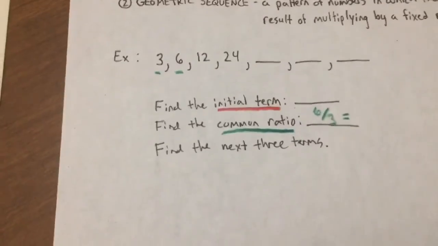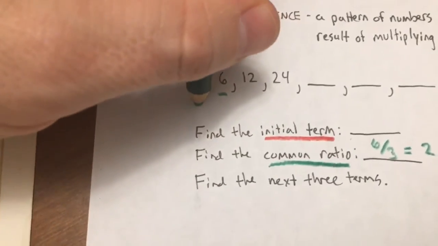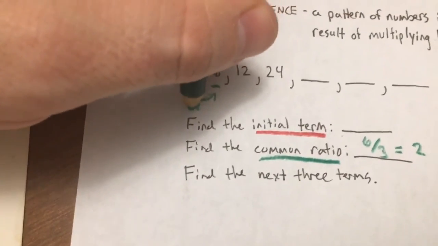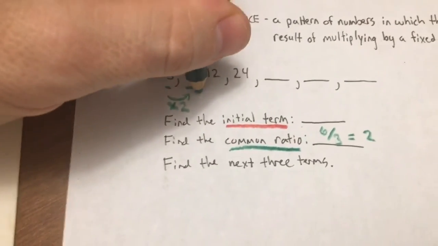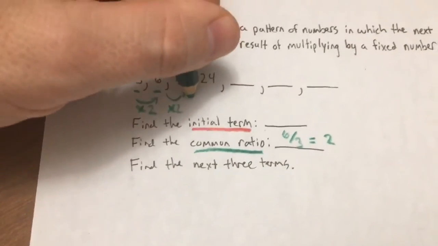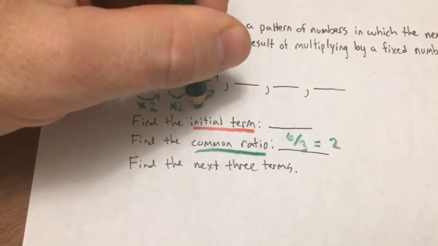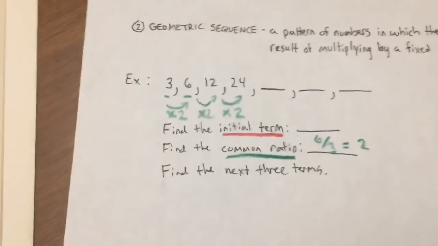Now if I do that, 6 divided by 3, guess what? That gives me 2. And that makes sense because look, if we go from the first term to the next term, it's times 2, then 6 times 2 would give us 12, and then 12 times 2 gives us 24. So we see that that rule is consistent.